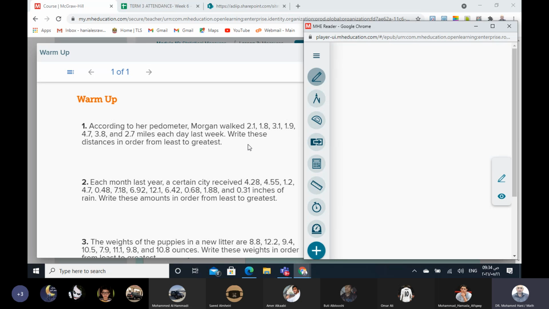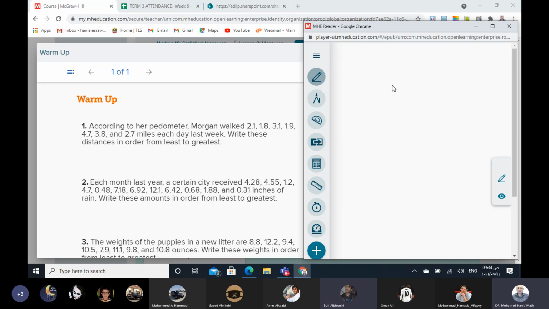Who can tell me what is the order from least to greatest? We have this data here, 2.1, 1.8, 4.7.